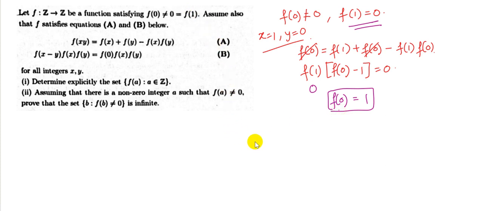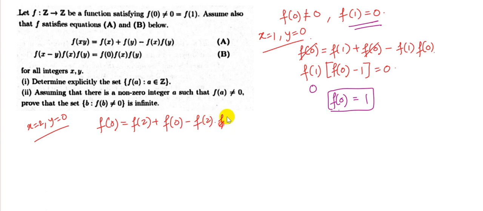Next we substitute x equal to 2 and y equal to 0, and that will give us f of 0 equals f of 2 plus f of 0 minus f of 2 into f of 0 from the first equation.